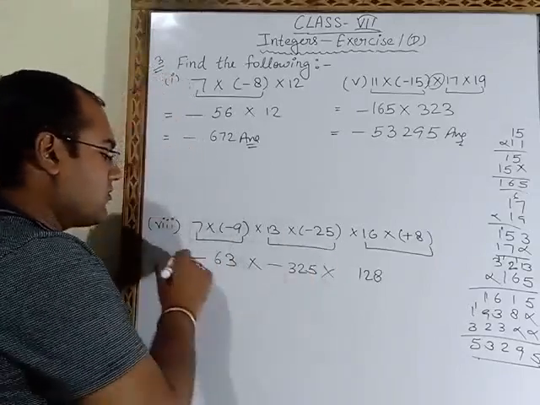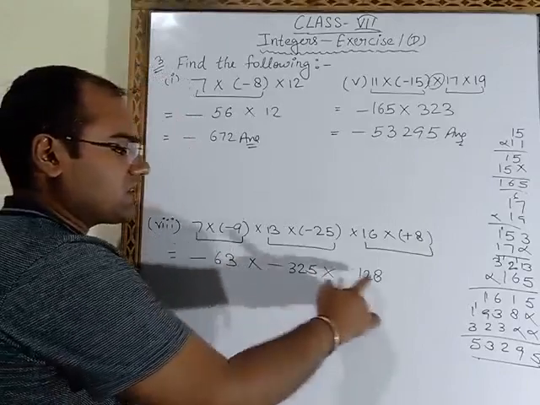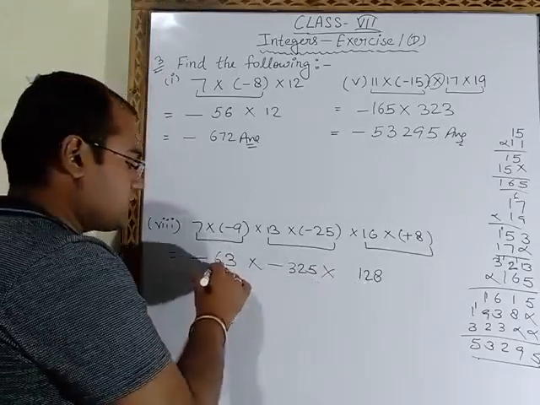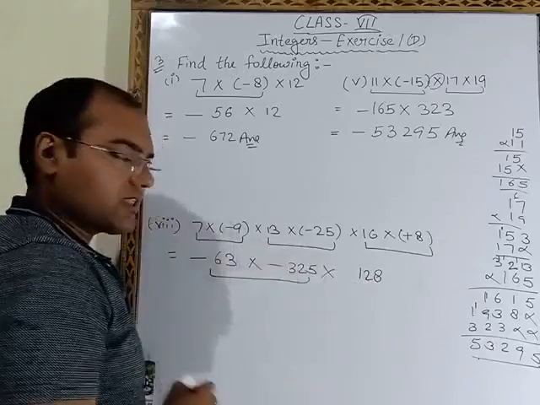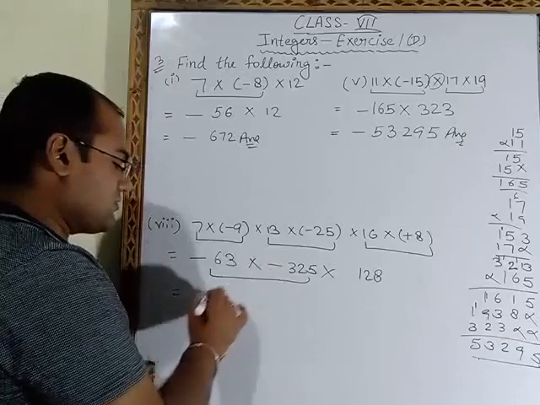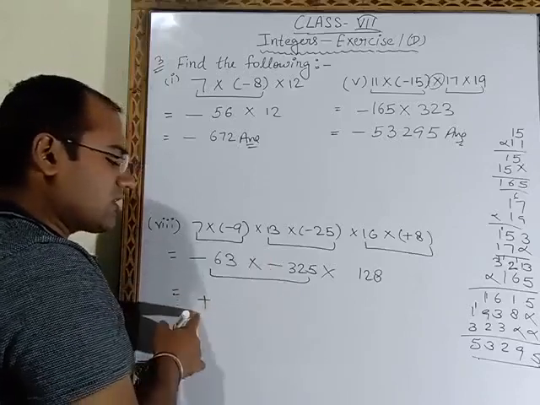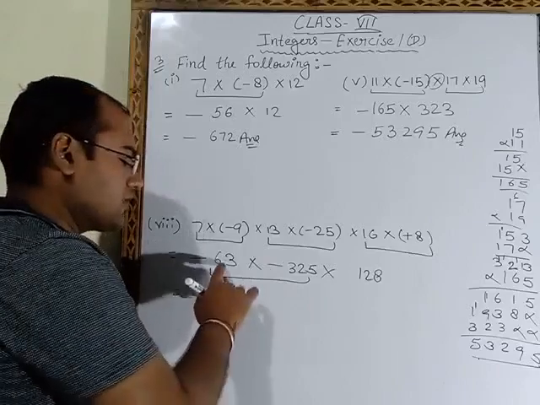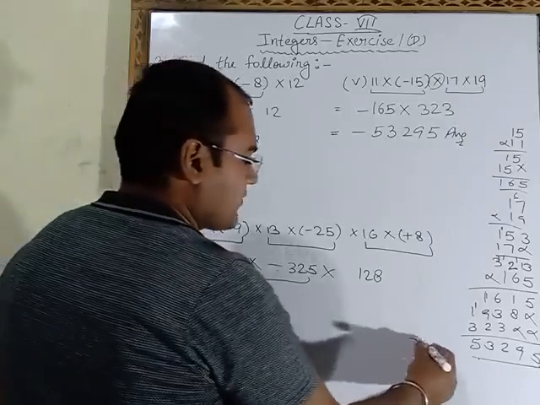So now how many numbers do we have? We have 3 numbers. Now what do you have to do? The first two numbers we have to multiply together, and this third number we will write as it is. So minus and minus will become plus. It is not compulsory to put the plus sign in the beginning, it is optional. 63 into 325.